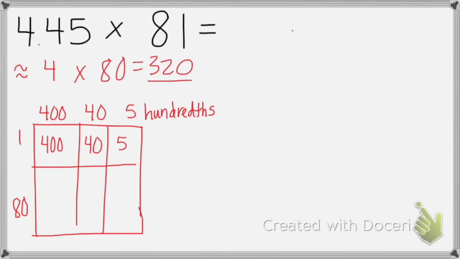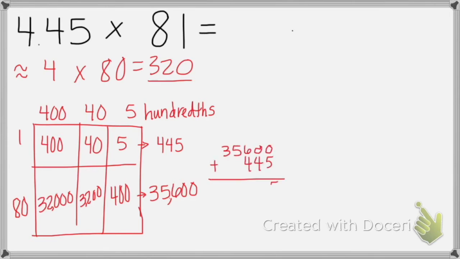Okay, 400 times 80 gives me 32,000. 40 times 80 gives me 3,200. 80 times 5 will give me 400. And then I'm going to add these across. Alright, and I get 36,045 hundredths.